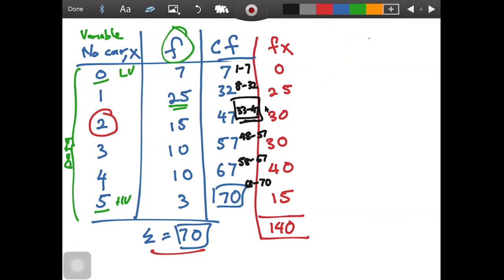Okay, the last one, calculate our standard deviation. So standard deviation for sample equals square root of the sum of fx square minus, in the bracket, sum of fx squared, divided by n minus 1, because this is in the form of a frequency distribution table.